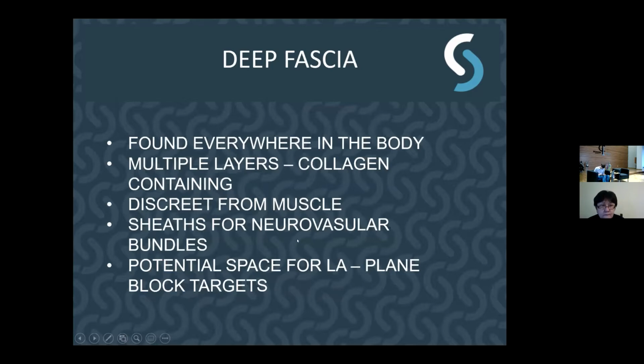And they form sheaths for our neurovascular bundles. All the neurovascular bundles move in that area. And then there is a potential space then for our regional anesthesia or local anesthesia to move in, which makes it much easier.